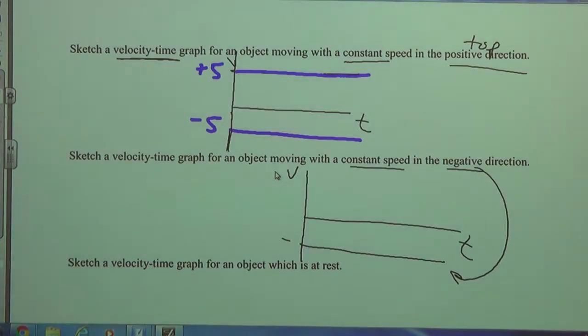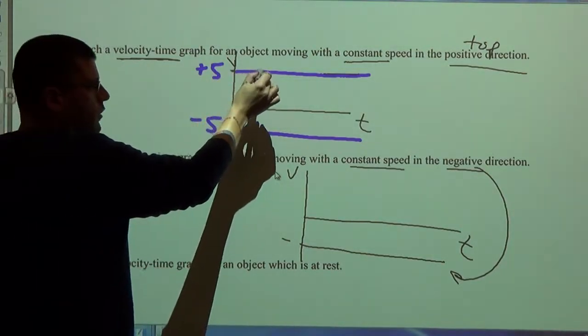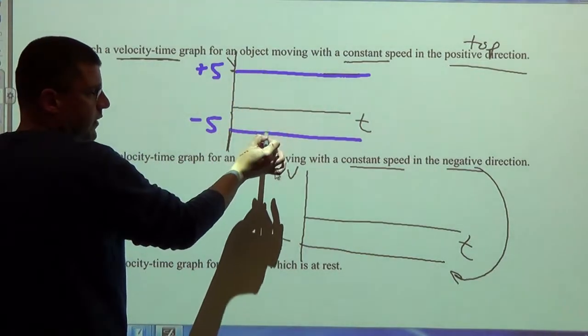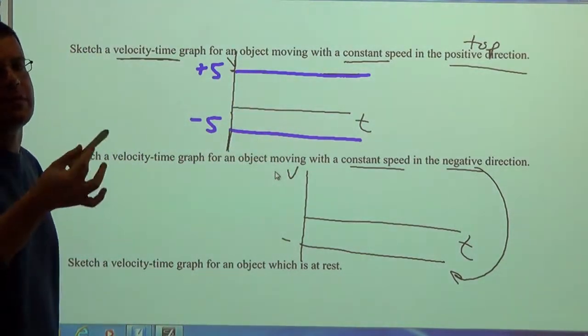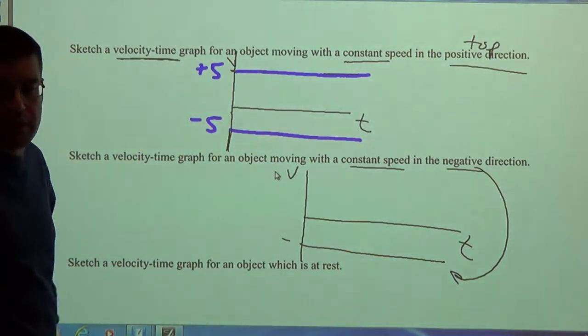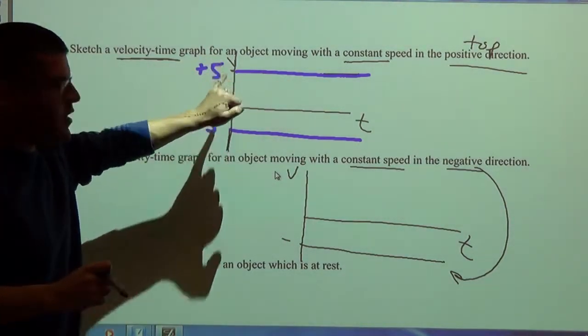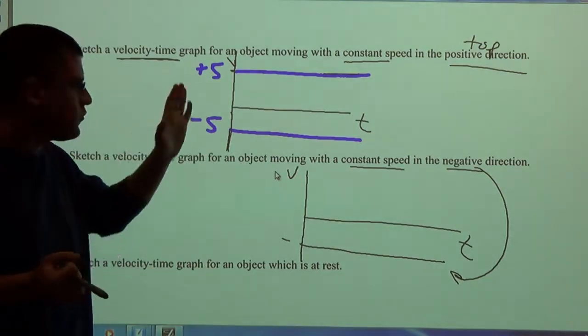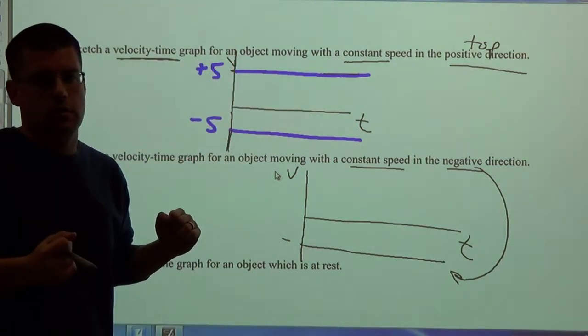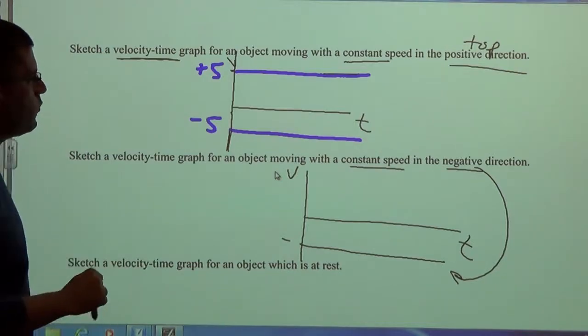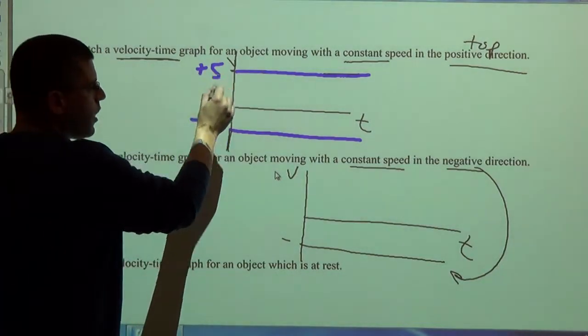A lot of kids think that this car is going faster, this object is going faster than this. Why do you think they would say that? Let's address this misconception. People say this is going faster than this. Think to yourself why that's inaccurate. Okay? Reason why is this. They're both going the same speed.